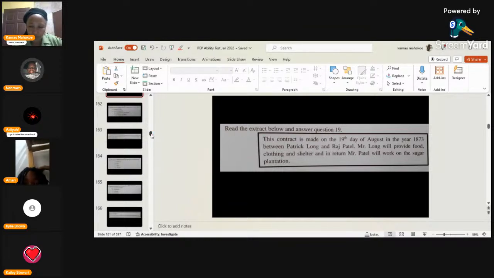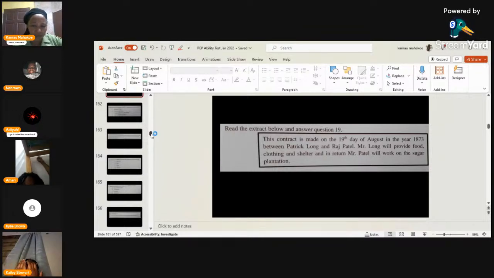Mr. Long will provide food, clothing, and shelter, and in return, Mr. Patel will work on the sugar plantation.